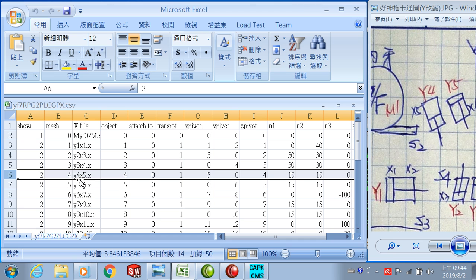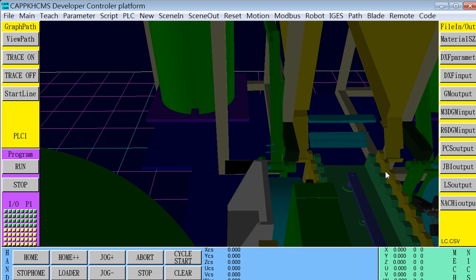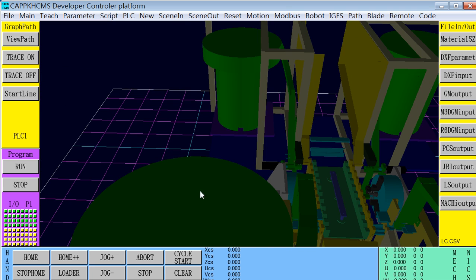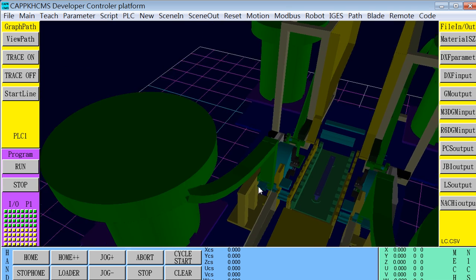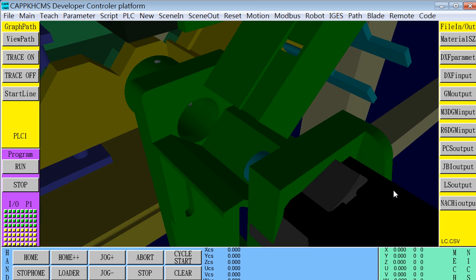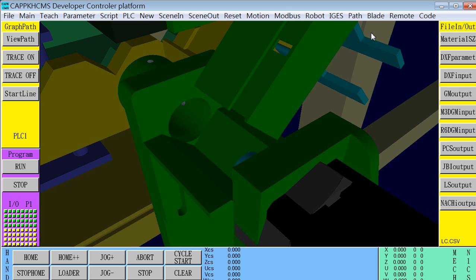Okay, let's see Y4, S5 moving. This piece is Y4, S5.